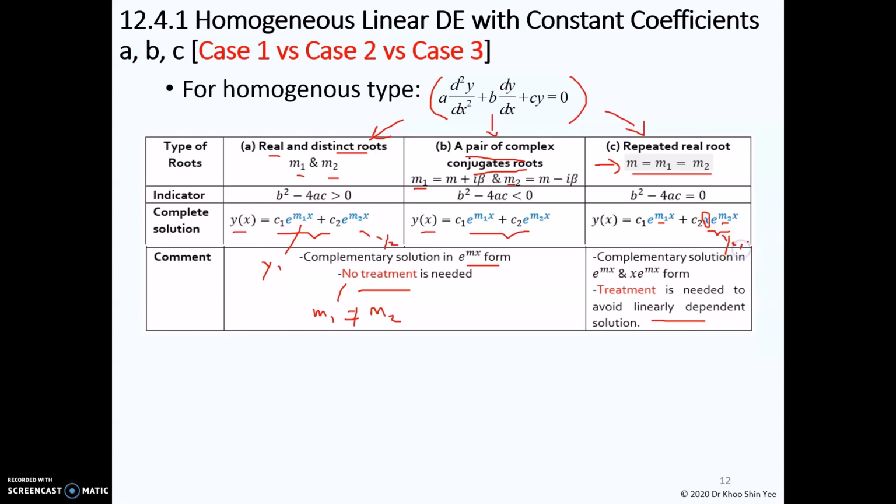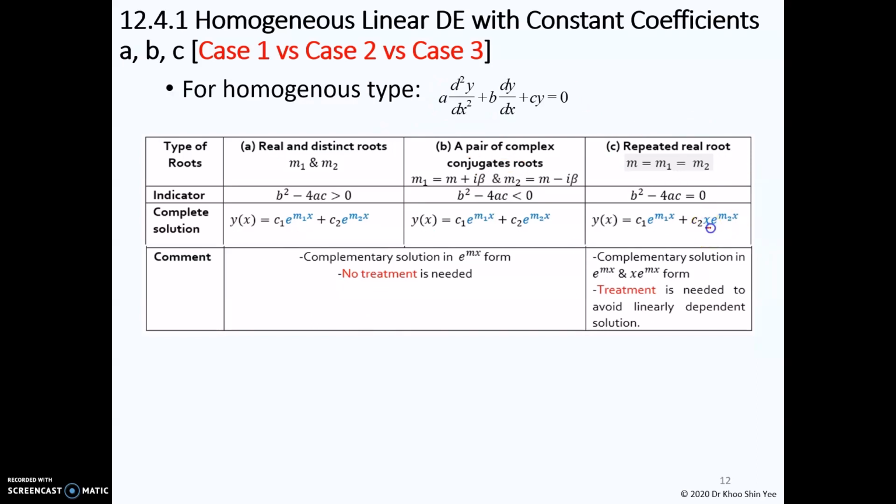This is after treatment. Therefore, you can see the complementary solution for the third case is in these two formats. So you have the exponential as well as the x exponential format. So don't forget the treatment if your root m1 is equal to m2.